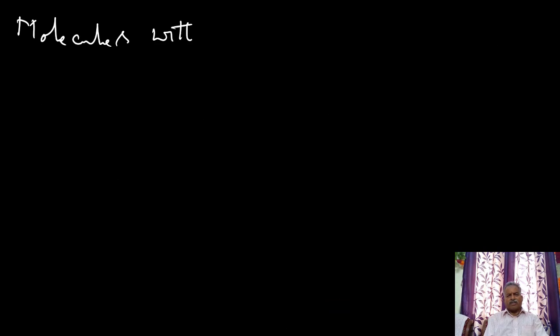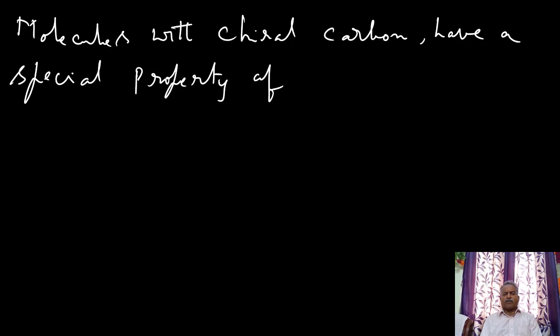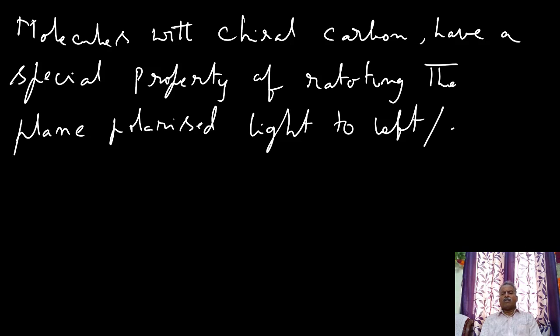Molecules with a chiral carbon have a special property of rotating the plane polarized light, either to the left side or right side.